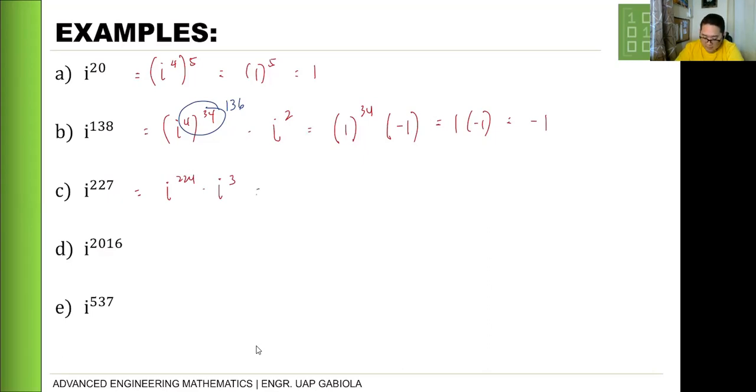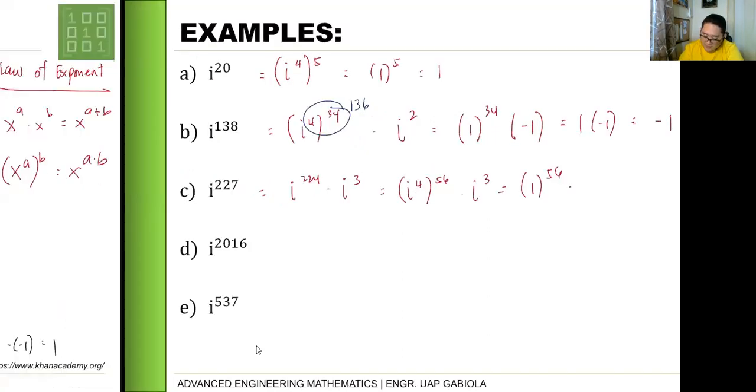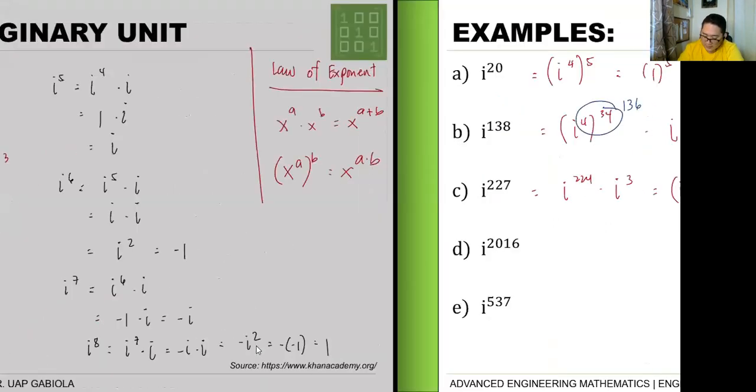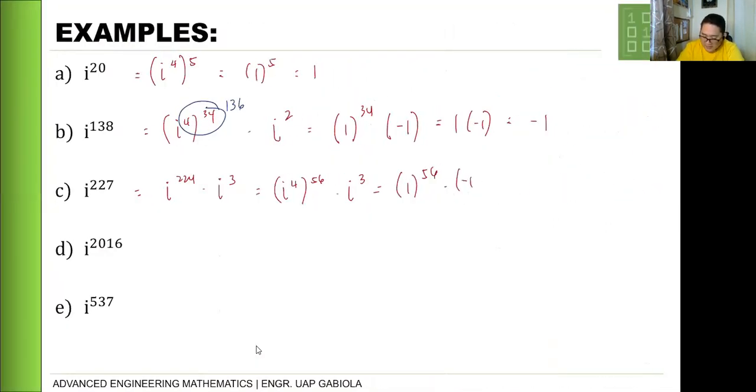Then si i to the 224 natin, pwede natin i-represent as i to the 4th raised to 56. Okay? Times i cubed. Then magiging 1 raised to 56 times ang i cubed natin from our previous one is negative i. Okay? So ito yun. So this will be 1 times negative i. So equals sa negative i yung number na yun.